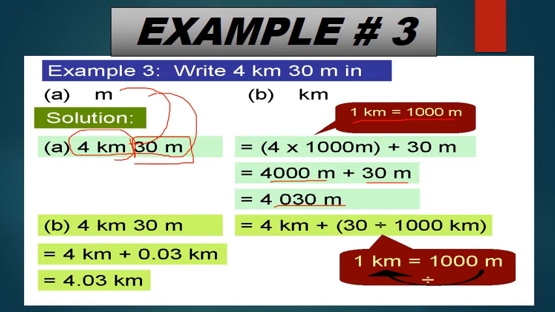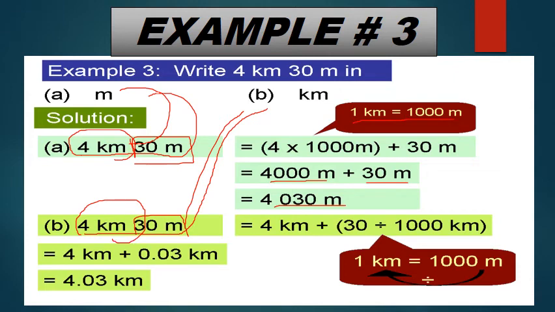In B part, we have to write 4 kilometer and 30 meter into kilometer. Now this 4 kilometer is already in kilometer unit. So we just convert 30 meter into kilometer. When we convert smaller to a bigger unit, we will do division. We divide it by 1000. Why we divide it by 1000?